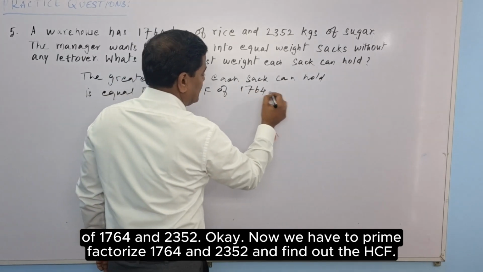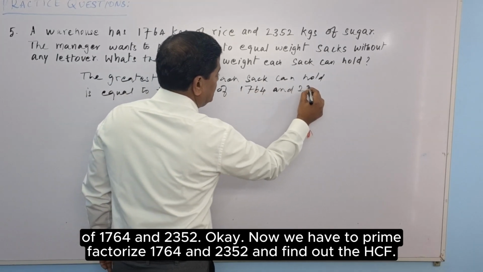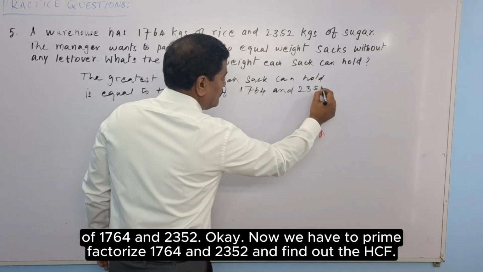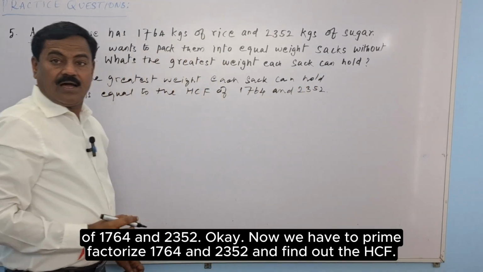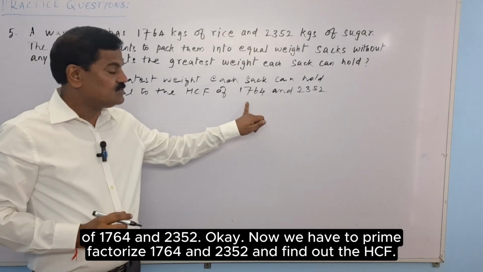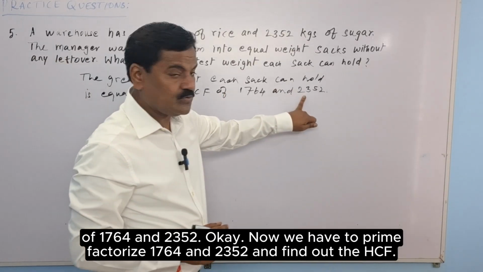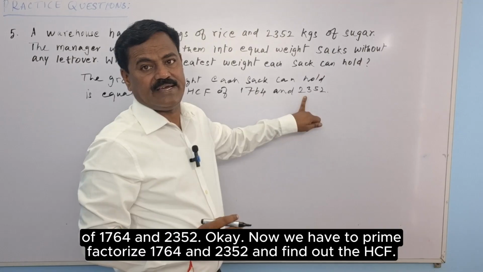Now we have to prime factorize 1764 and 2352 and find out the HCF.